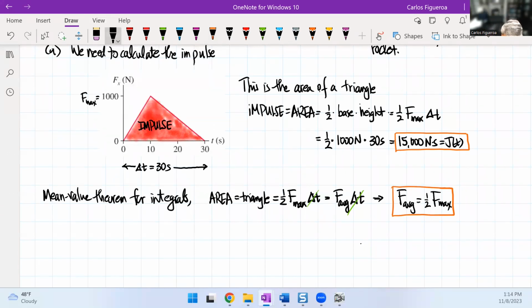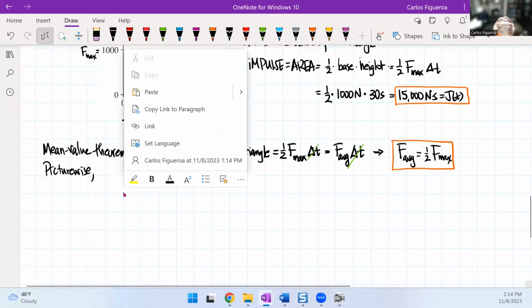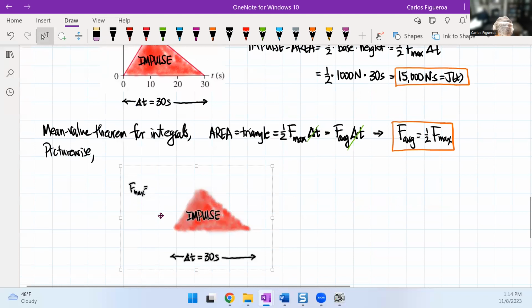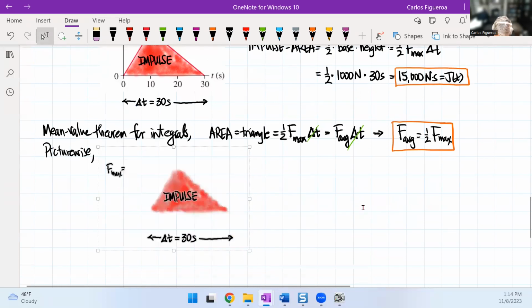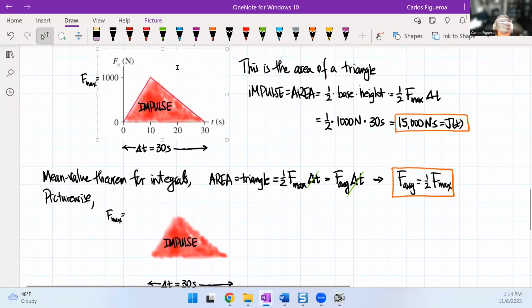So picture-wise, what does this mean? What it means is that I have this curve. Oh man, I wanted this other curve. Let me see if I can grab this and copy it down.